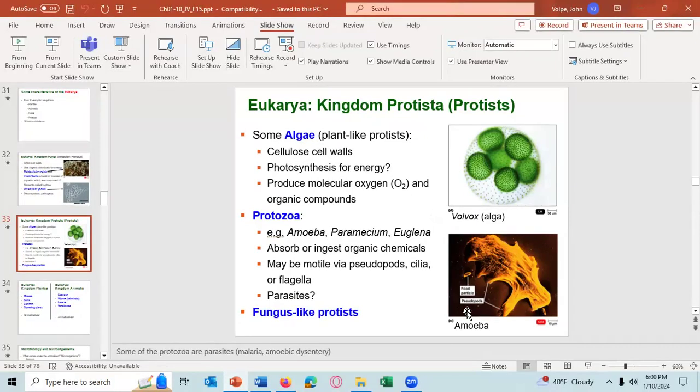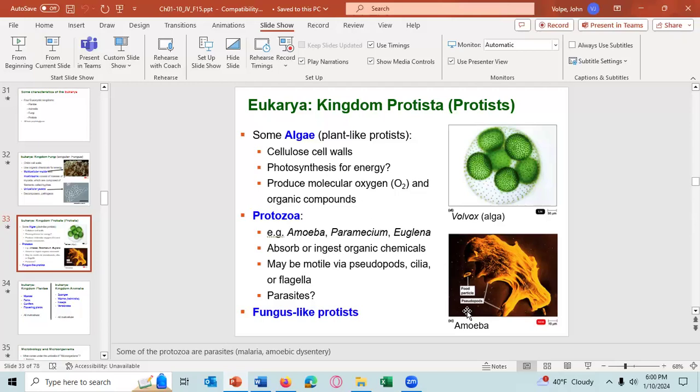They can produce oxygen, as well as organic compounds like glucose. So the algae are protists which are very similar to plants. Some of the algae are microscopic, and then some of them, like the kelp that washes up on the Washington beaches, would be multicellular.